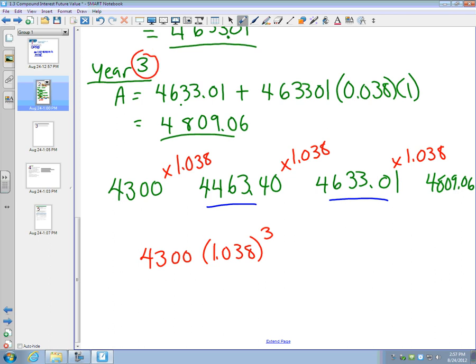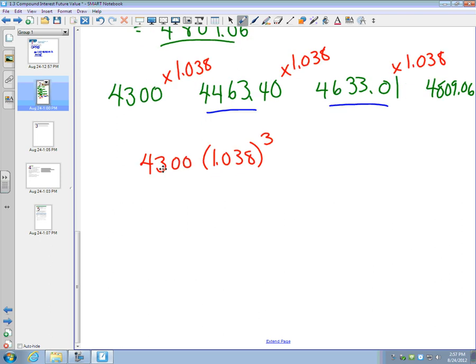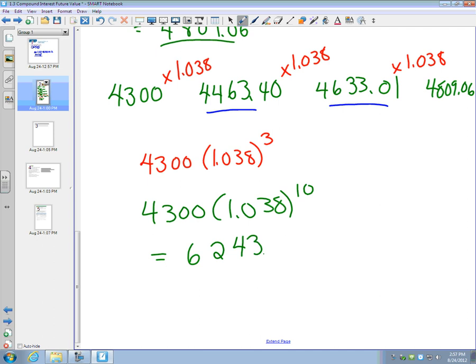Wow, that's pretty neat. So if I wanted year 10, guess what I would do? I would go 4,300 times 1.038, and instead of 3, I would put 10. Using my calculator, if I did that, I would get $6,243.70. So that's pretty good.